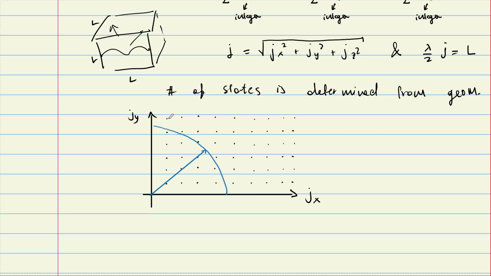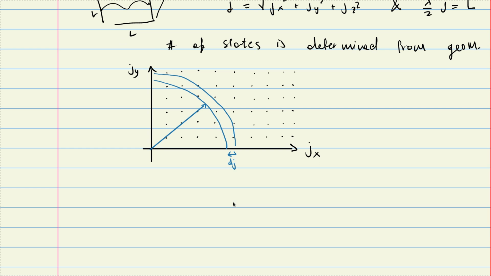And now I need to find the number of states, how many dots I can put inside a tiny dj. Okay, is that clear? So that's what I'm going to calculate. And this is calculated from the geometry. Let's write this. The number of states, j dj, means the number of states between j and j plus dj. So this is the number of states.